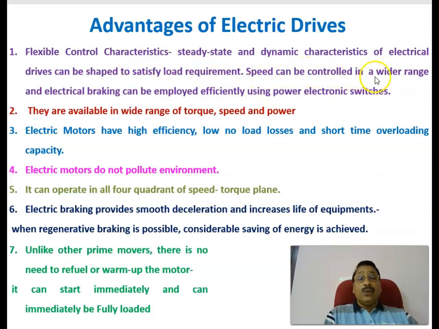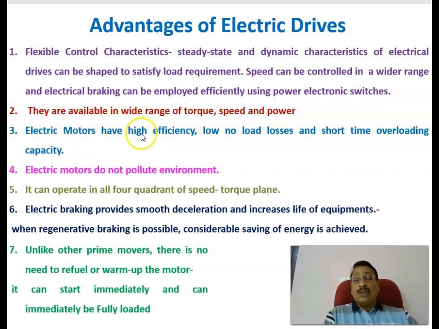Speed can be controlled in a wider range, and electrical braking can also be employed efficiently by using power electronics switches. That's the first advantage. Second, electric motors are available in a wide range of speed, torque, power, etc.